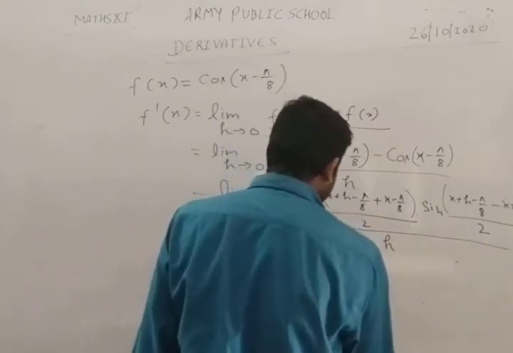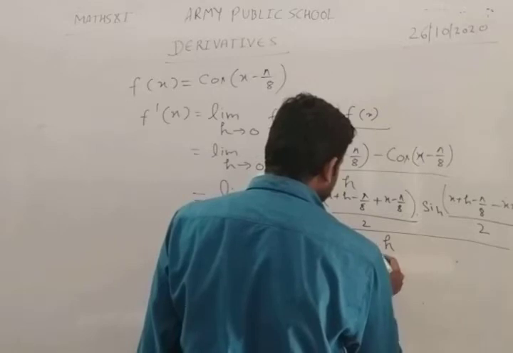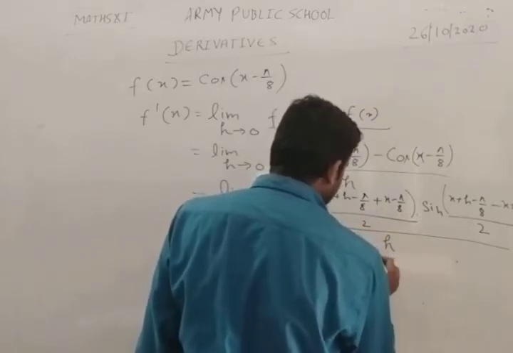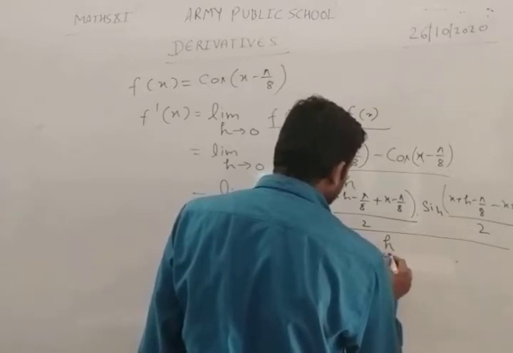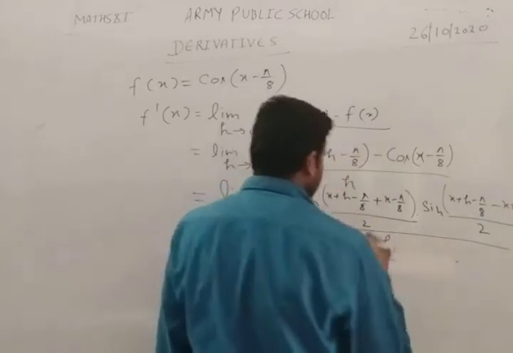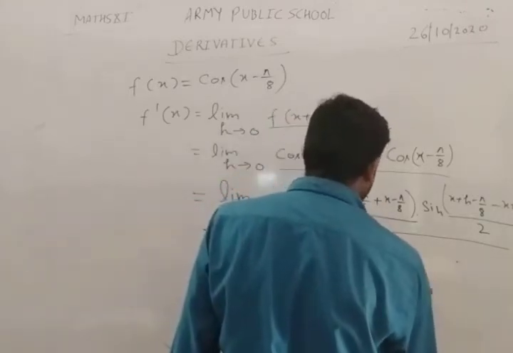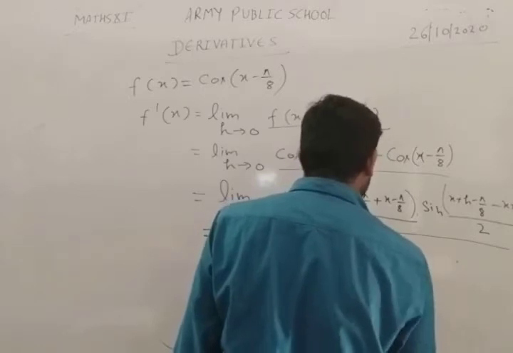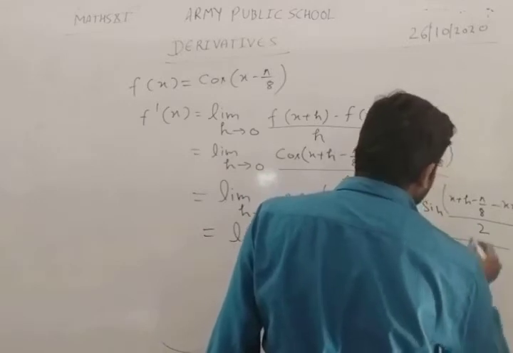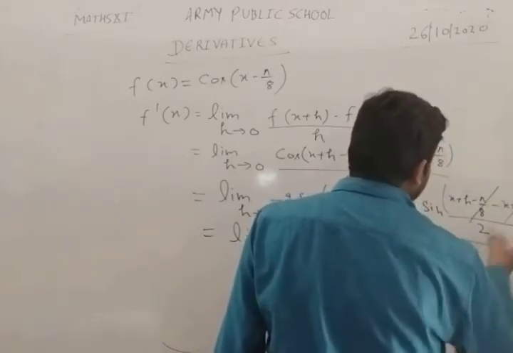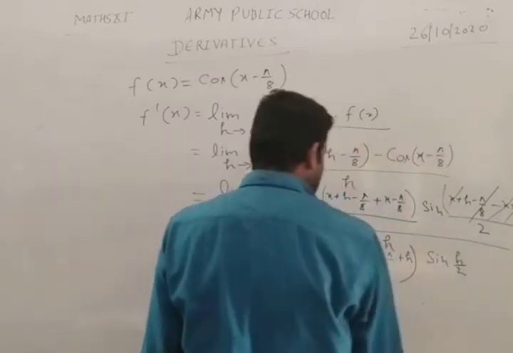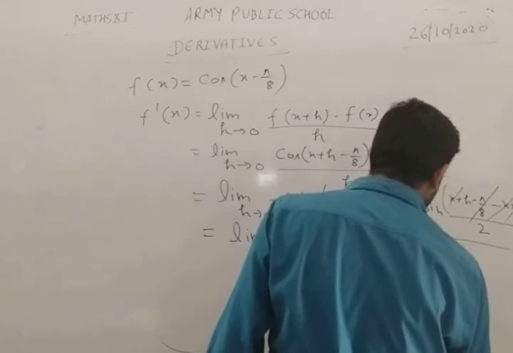Here what we get is 2x plus, minus 2 pi by 8, and plus h, and this is sine. Here pi by 8 and pi by 8 cancel, x and x cancel, so we get here h by 2, and this h we are sending upon 8.